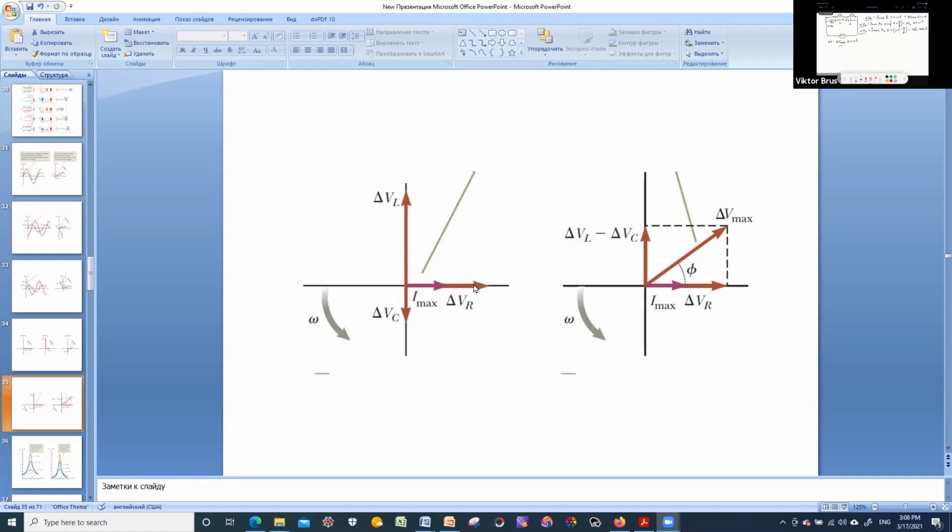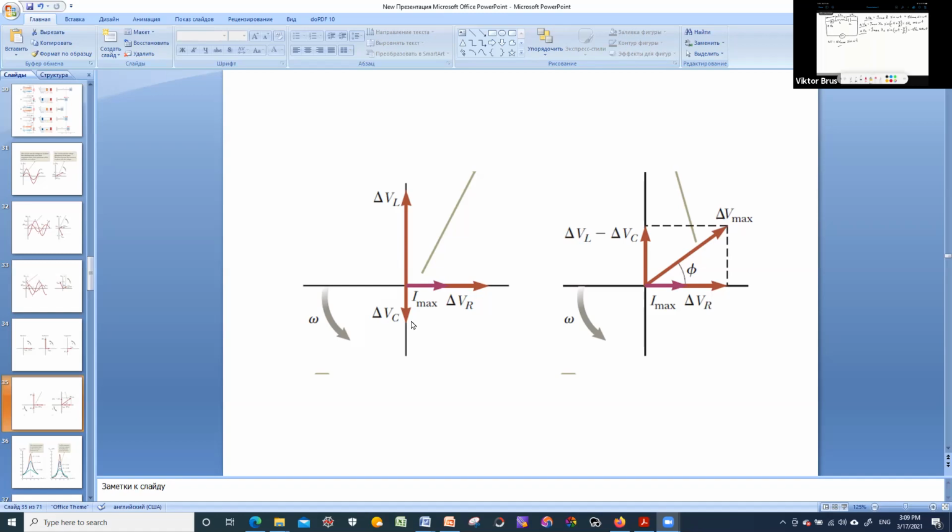There is no phase shift between current phasor and voltage drop phasor over active resistor, so they are in the same direction. However, there is a difference in phases. It's like 180 degrees difference in phase between phasor of voltage drop over inductor and voltage drop over capacitor.